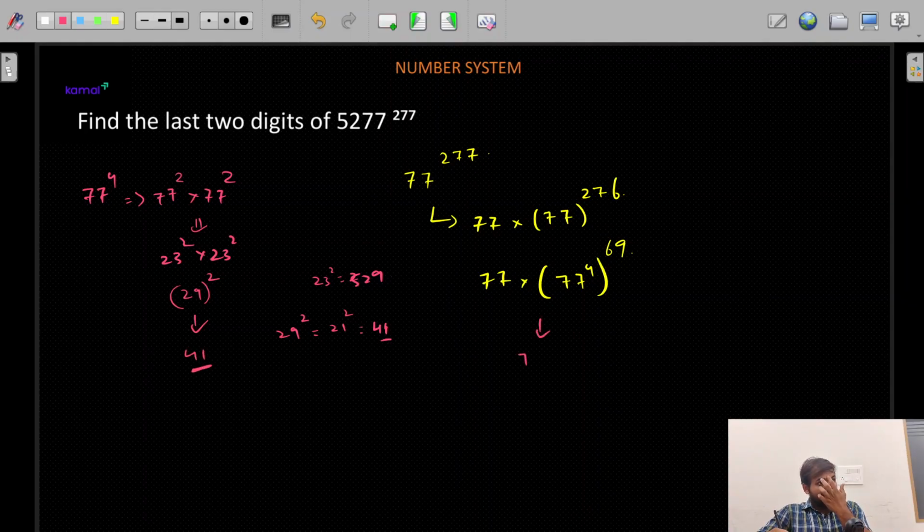So eventually it will become 77 into 41 power 69. What are the last digits first? 41 power 69: this one, 4 nines are 36, which means it ends with 6. Again, 36 into 77. I just need to find 36 into 77.